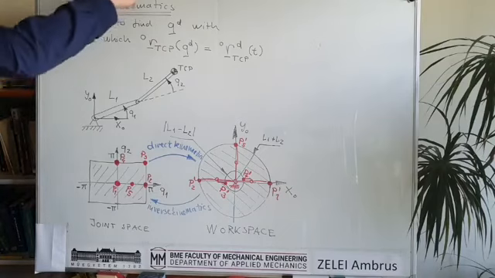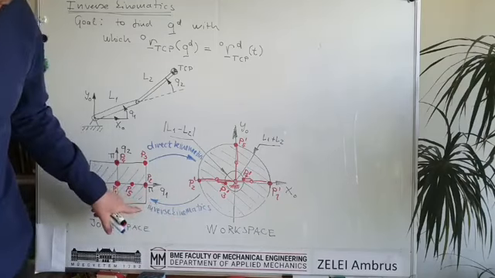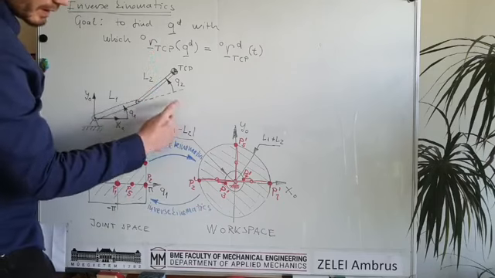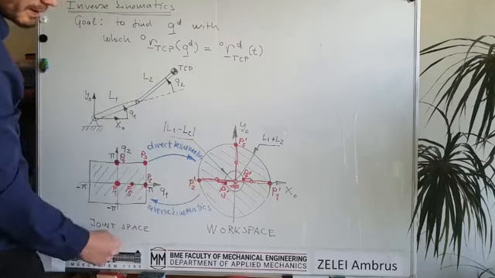And this inverse kinematics is necessary for us because our control goal should be reformulated in the joint space and not in the workspace. So far we had the control goal, which was to guarantee that the desired trajectory given in the workspace and the realized trajectory also given in the workspace should converge to each other. But now we will define a new control goal.